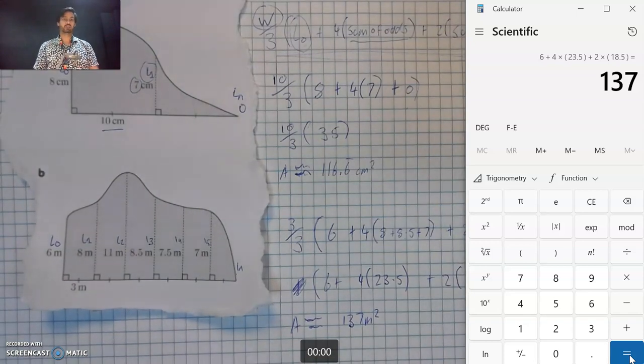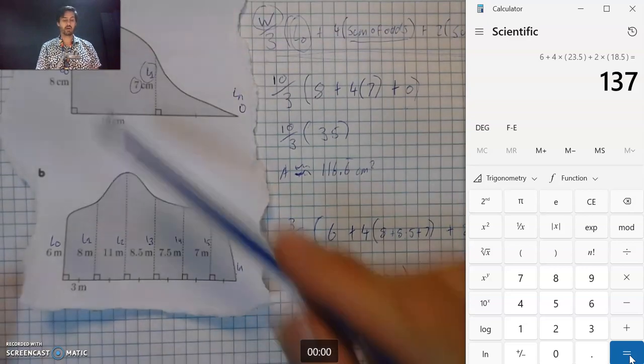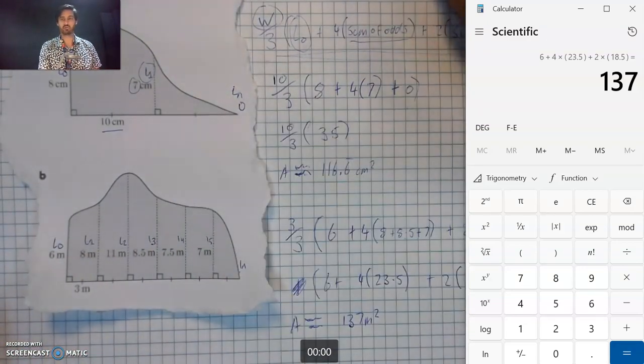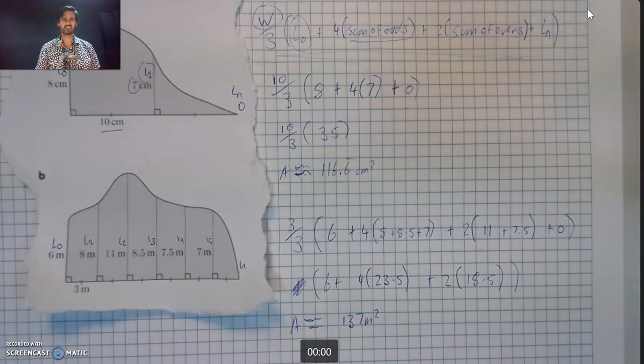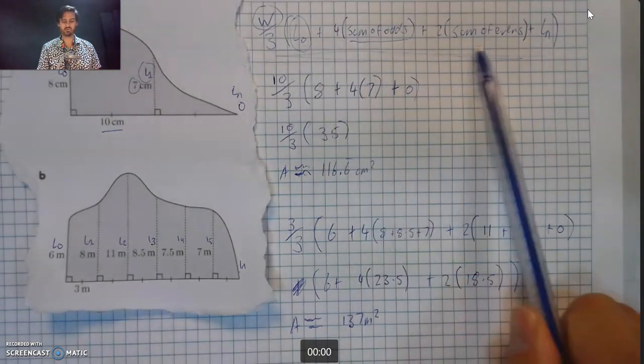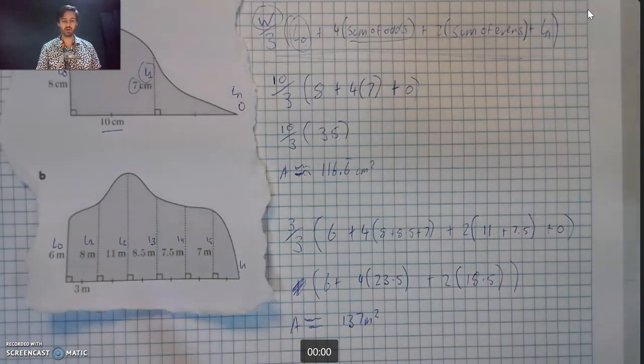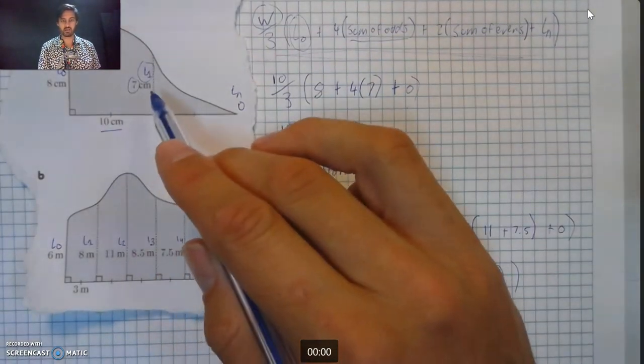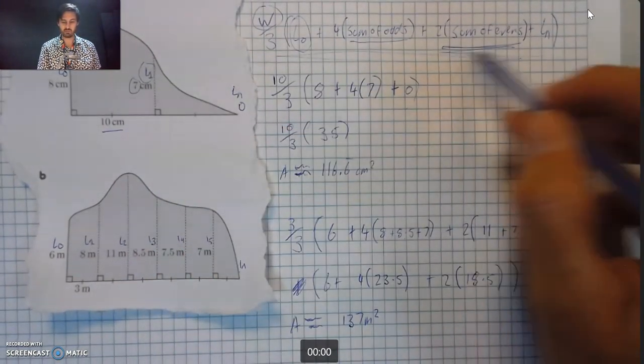Okay, so those are really the two main types of Simpson's Rule questions you're going to get. The one with only a couple of segments where we only have to do a very small section of that formula. So I guess the key thing to take away is we only do the sections of the formula we need to do. A common mistake people make is that in a question like this, they still want to do something with this sum of evens.